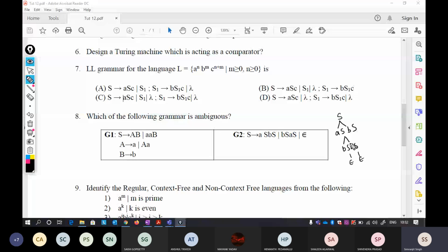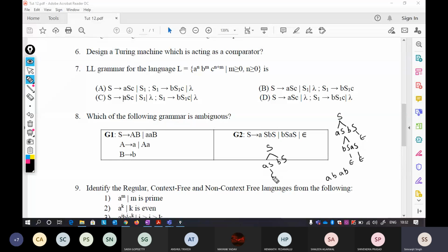This one will be your this thing. It will be AB, AB, and this will be my S. AB, AB. I don't think AB, AB is possible. So if I take ASBS and put it here, it will be AB, AB. Yeah, I think it is possible. Just let me see.